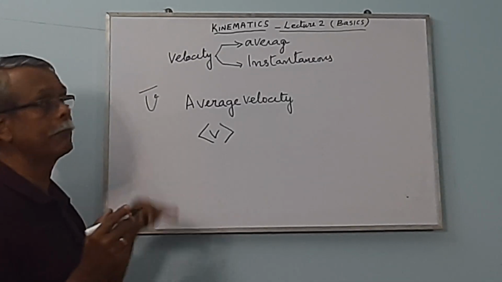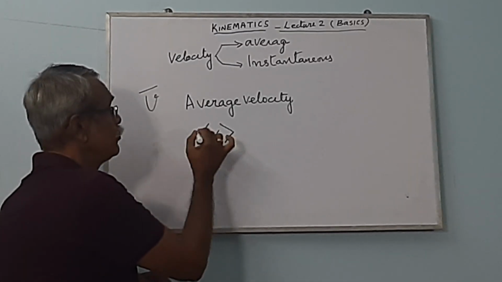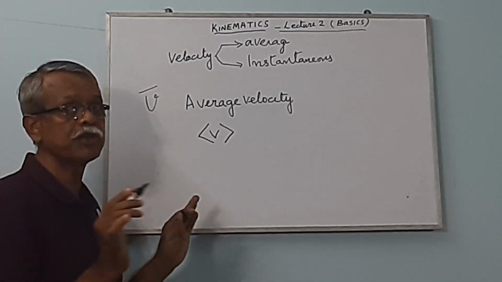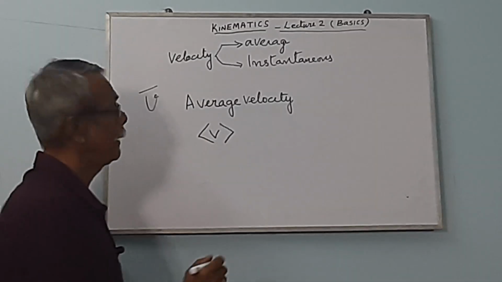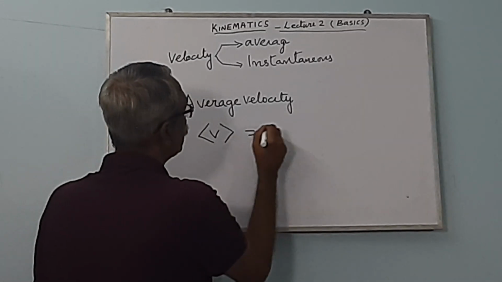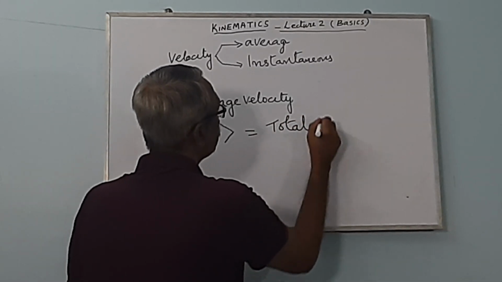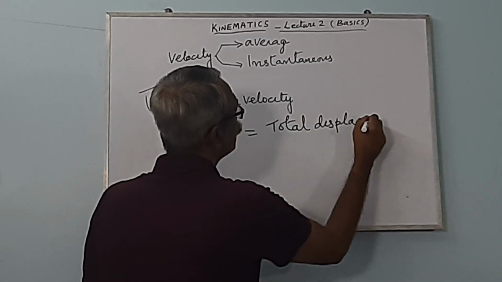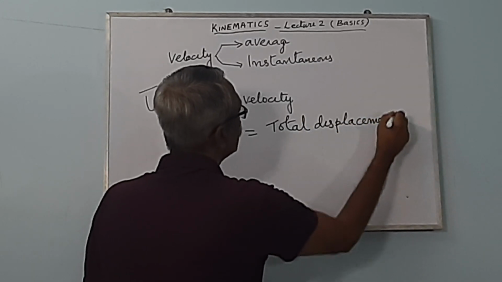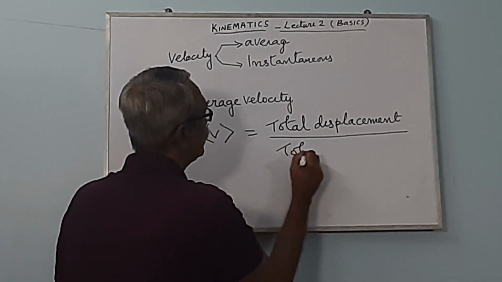Vector also is given by this type of symbol. Therefore, to avoid that confusion, I will be using this symbol for average values. For any average values, I will be using this symbol. And this is equal to total displacement divided by total time.